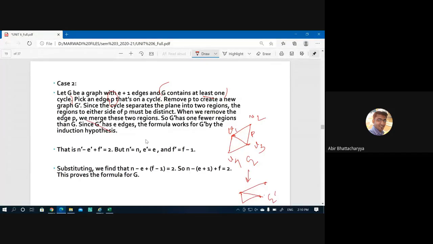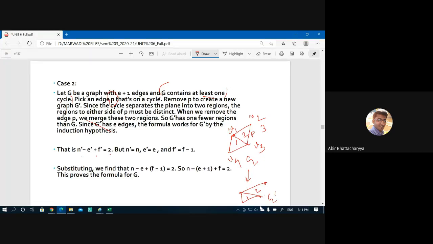Cycles are correlated with the number of faces, so whenever I remove p, the number of faces reduces. The first one has 3 faces, the second has only 2 faces. The number of vertices is the same, only the number of edges and faces reduce. So I denote n dash, e dash, and f dash, and n dash minus e dash plus f dash equals to 2. Why does it hold true?